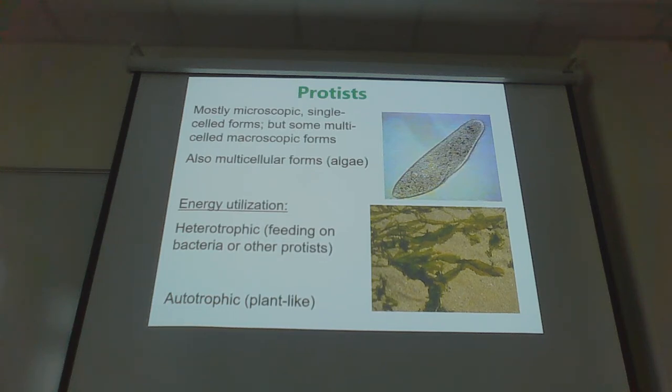What kind of hint does it give you? If I find a green organism, it makes photosynthesis. So you find some protists that just do photosynthesis, so they're autotrophs, and protists that are heterotrophs as well. So both types of metabolism, plants and animals.